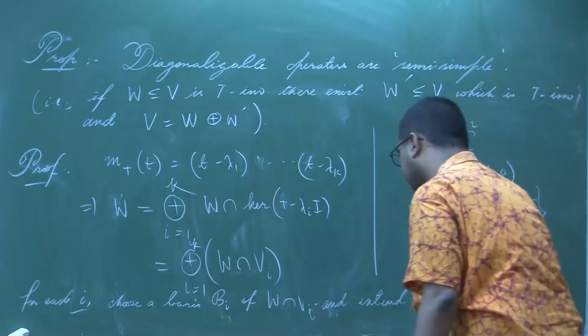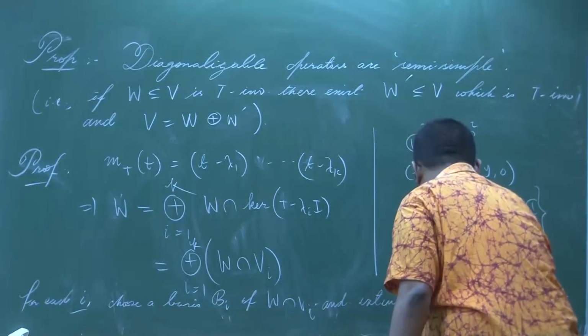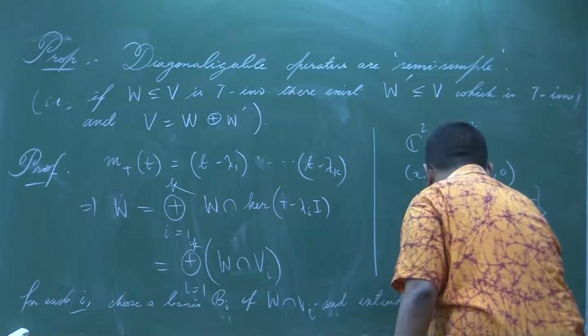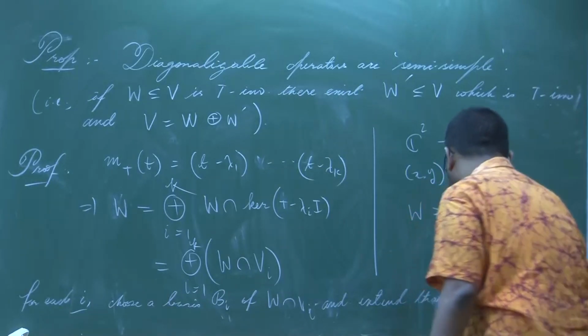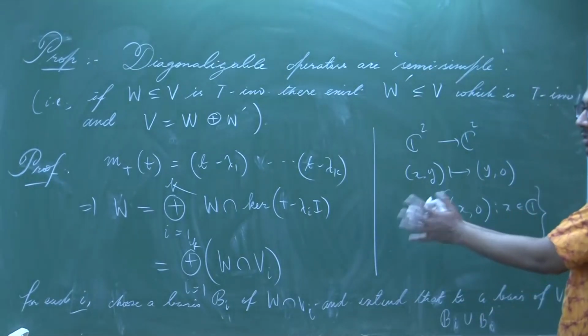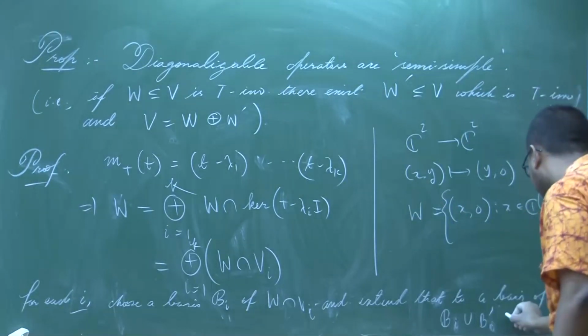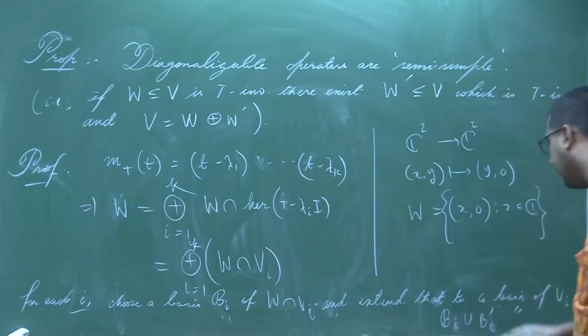So, you can simply assume that Bi union, let us say, the extra vectors that you are adding to Bi, which we denote by Bi prime, is a basis of Vi.